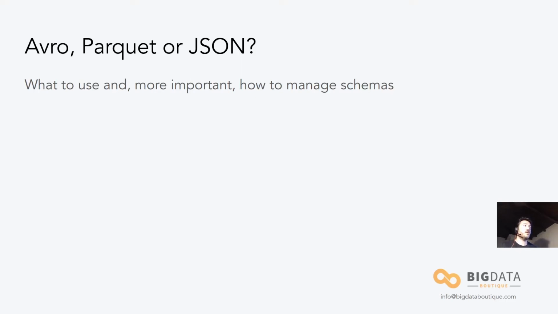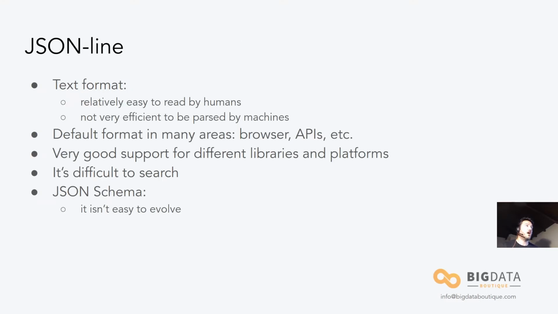So basically they are three very popular file formats, or data formats, used in big data technologies. The thing is, they have some positive things and negative things depending on what you want to do. So let's start by covering JSON.